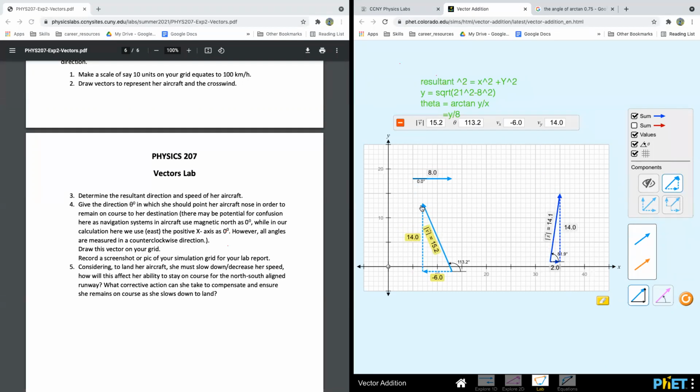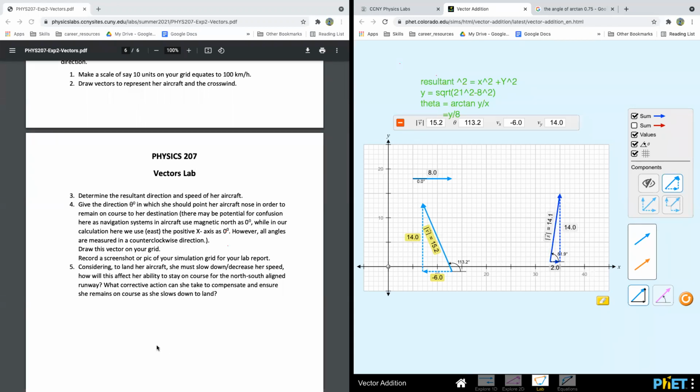That means she will not be able to remain on course anymore because the speed is decreasing, right? So how will this affect her ability to stay on course for a north south aligned runway? So basically it will make everything slightly pointing to the east, right? Pointing to the east, yes.